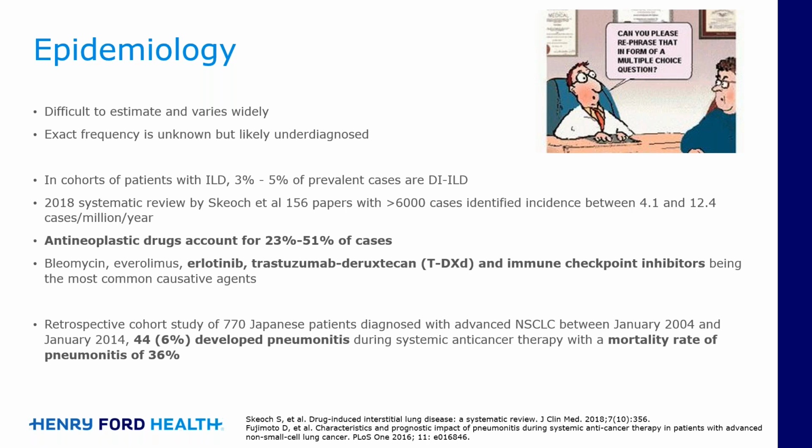Of these anti-neoplastic targets, I think the really important ones are the epidermal growth factor receptor tyrosine kinase inhibitor erlotinib, and also the newer HER2, which used to be called HER2 but more recently is called ERBB2, antibody drug conjugate, which is trastuzumab deruxtecan, and the immune checkpoint inhibitors.